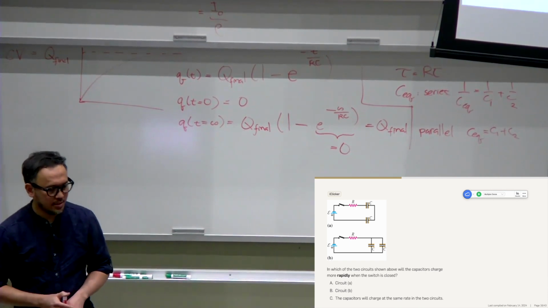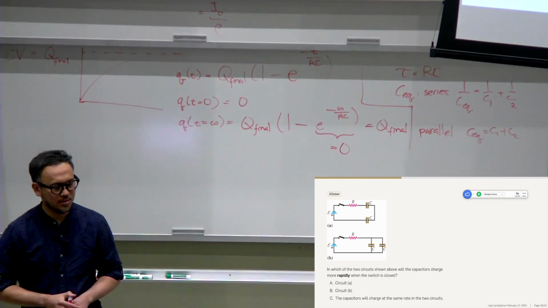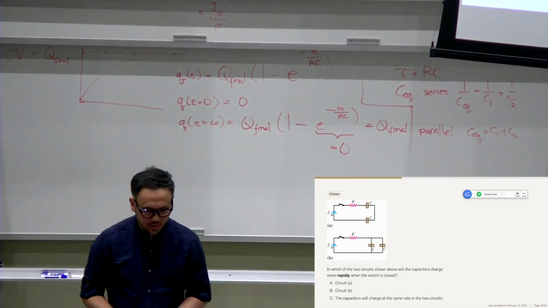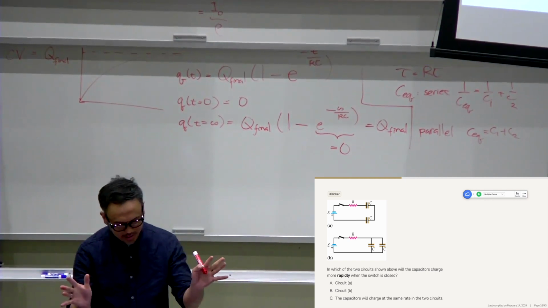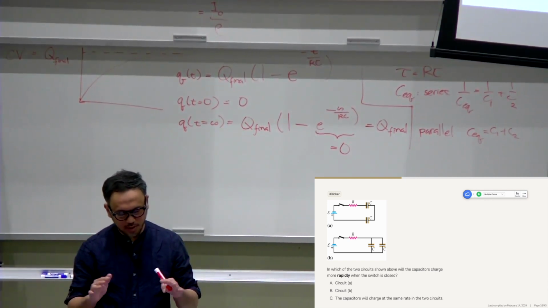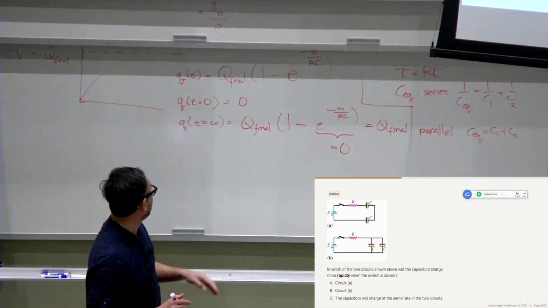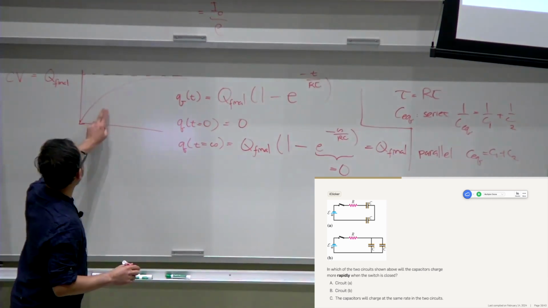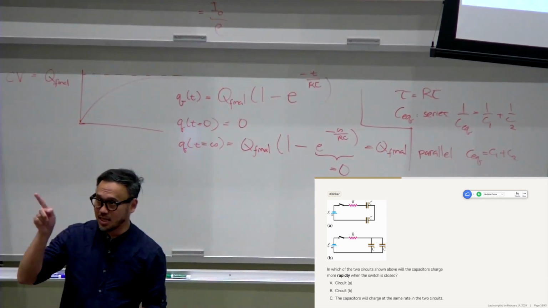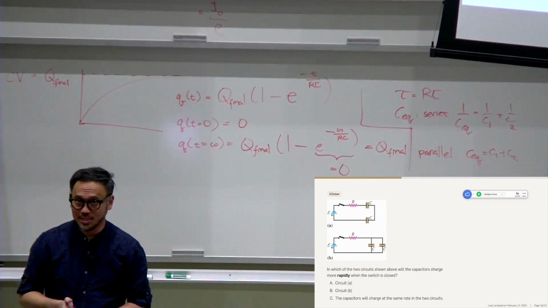Next question relates to the time constant tau. So you need to pay attention here. In which of the two, so the circuits are the same. In which of the two circuits shown above will the capacitor charge more rapidly? Charge more rapidly. More rapidly, that means larger constant or smaller constant?